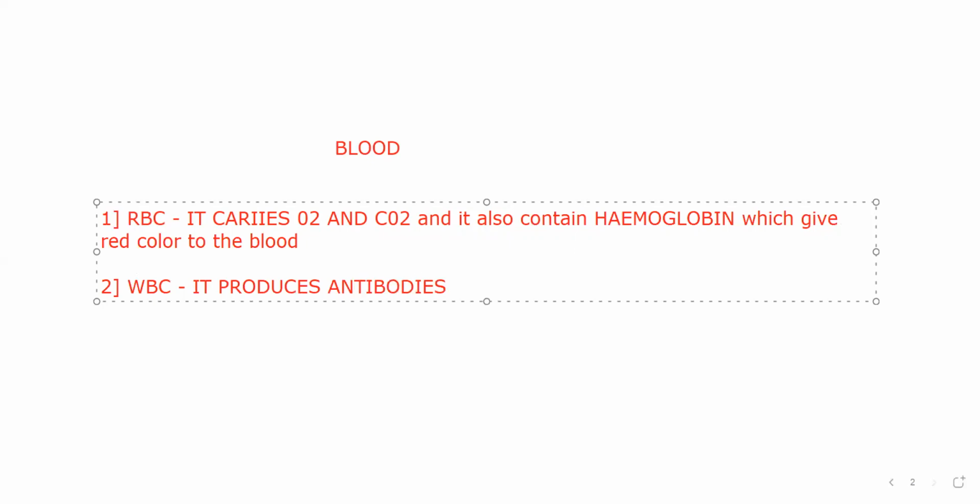If there are more WBC in our blood, it means there are more germs or bacteria within our body; compared to the good bacteria, there are bad bacteria. So WBC is generated more when there is some bacteria.